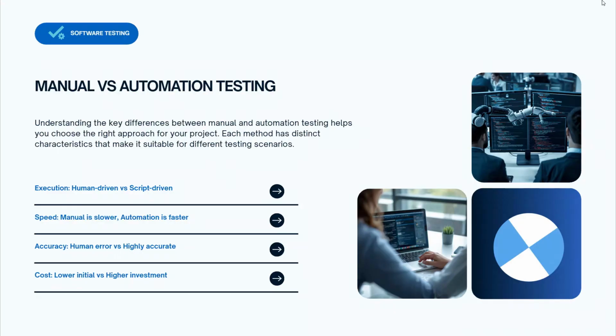And then comes speed. Okay, manual is time consuming and very slow. Automation is significantly faster for repetitive tasks. Suppose there is one login page, I'm just taking it as a basic example that everybody can understand.